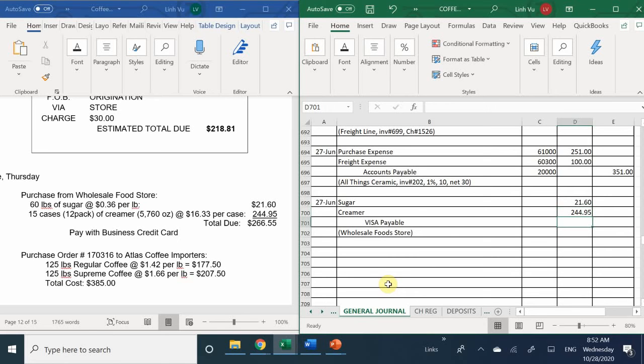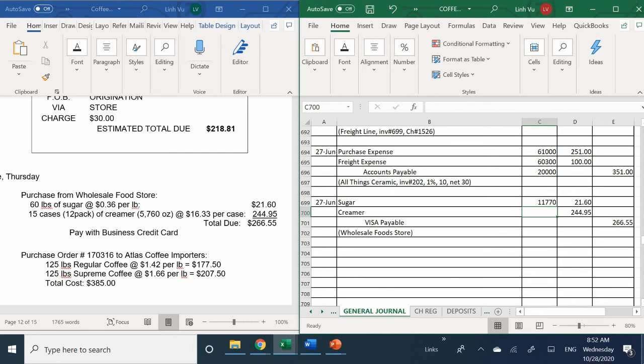And then Visa payable, that would be 266.55. 266.55. All right, and then our account number for sugar is 11770.